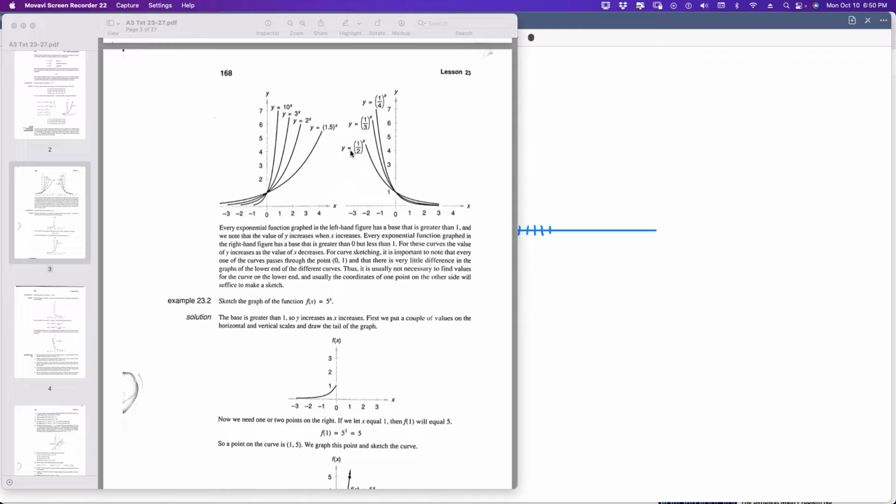So I imagine if our value here was 2 out of 3, it would be even less steep, because 2 out of 3 is a bigger number than 1/2. So I would venture to say that that would be less steep still, right? So that is what an exponential function looks like.